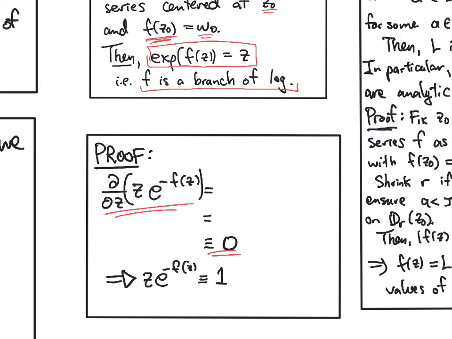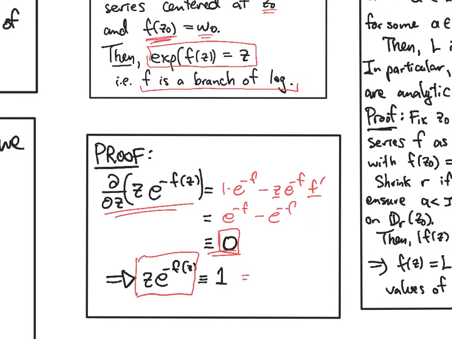So here are some of the details. If we take this derivative, we'll get 1 times e to the minus f minus z e to the minus f times f prime. So we'll get that f prime times z is 1. So we get e to the minus f minus e to the minus f. So we get this is identically 0, which means this function is constant.